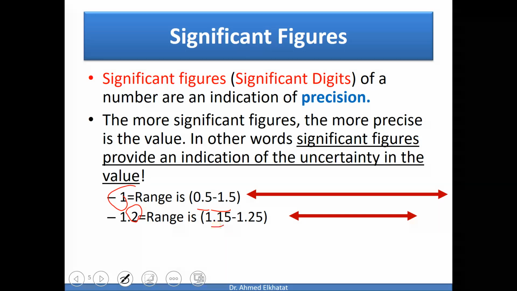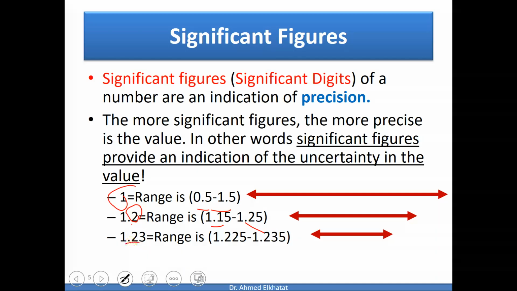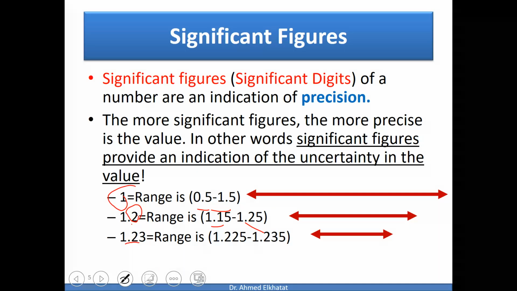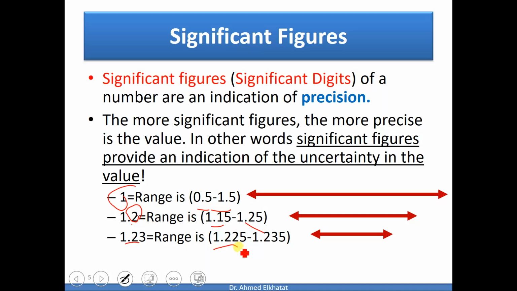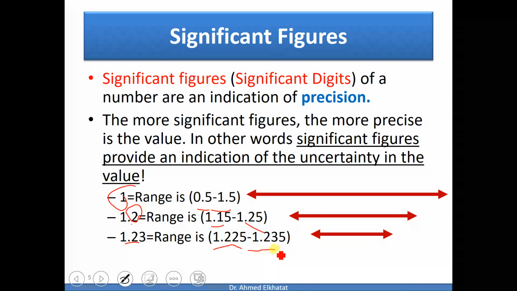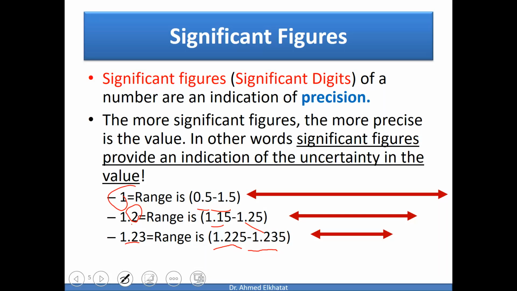Suppose that I added 3 next to 2, so I have 1.23. Now the range becomes smaller, so I have 1.225 and 1.235. And so on.